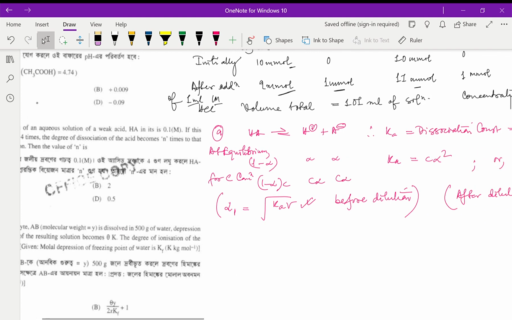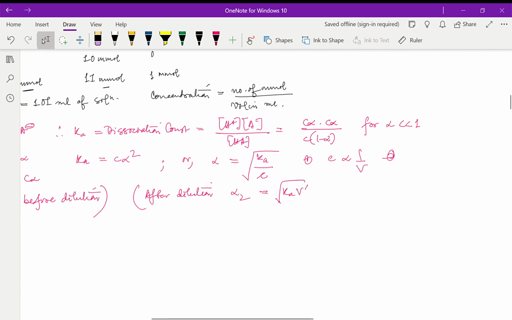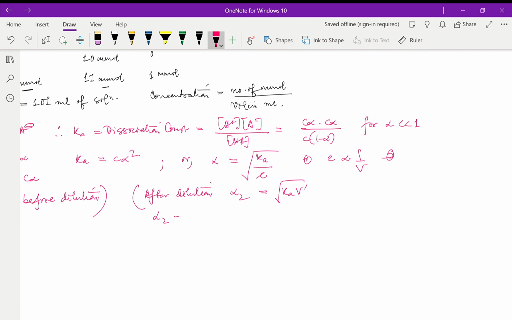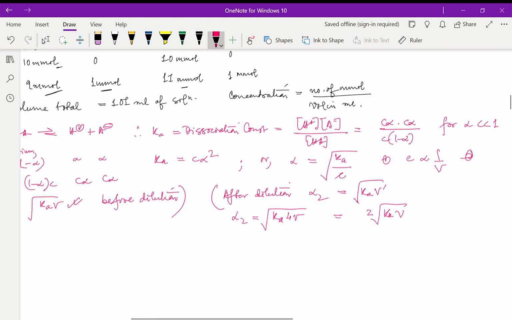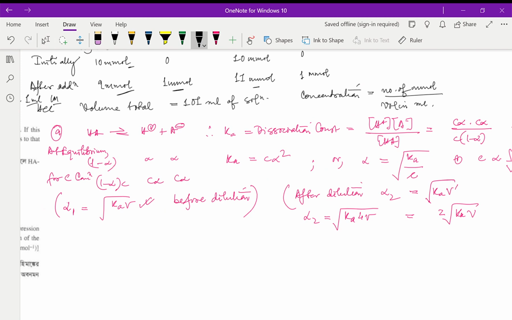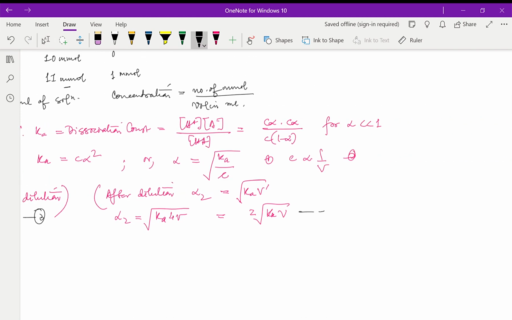So we can now write alpha 2 as root of Ka 4V, or we can write this as 2 root of KaV. So we can now say this to be equation 3 and this to be equation 4.